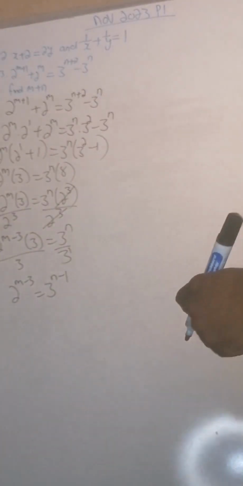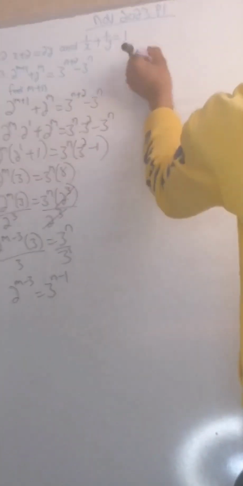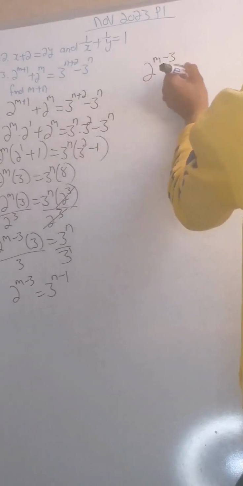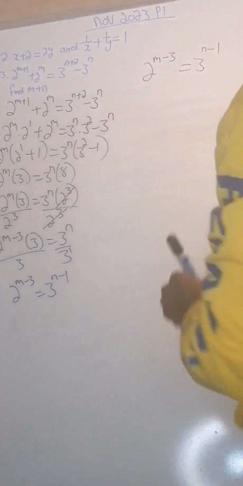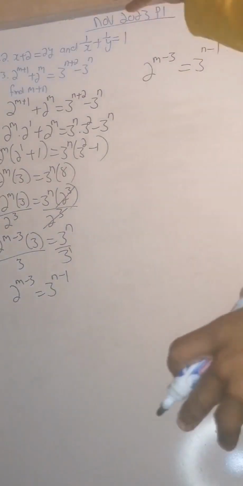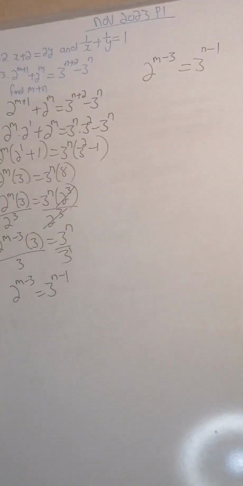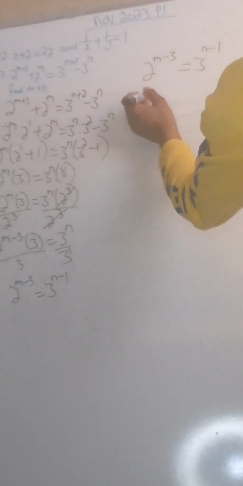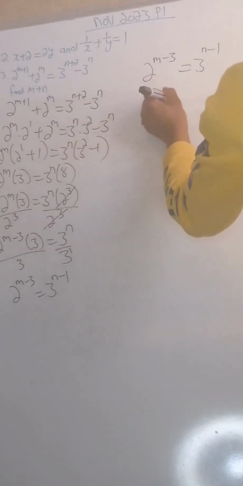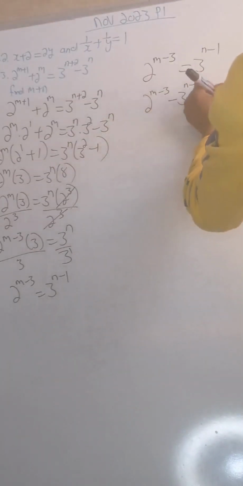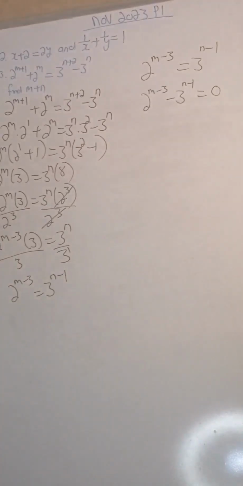What do you do from here? Let me just write this here. I don't even know how I will ever get to m plus n, but I'm going to try my best. Now that I have this, I have no other choice here. But what I think I can do is take this to the side and equate this to 0.